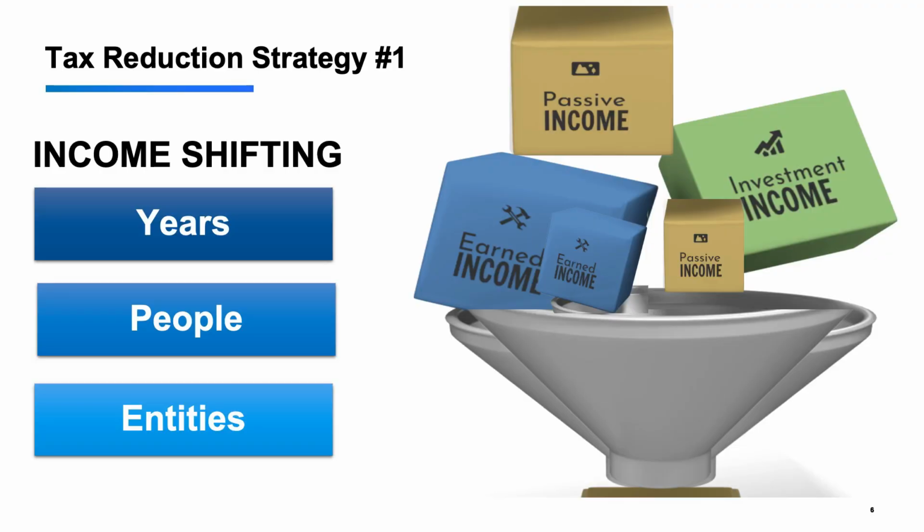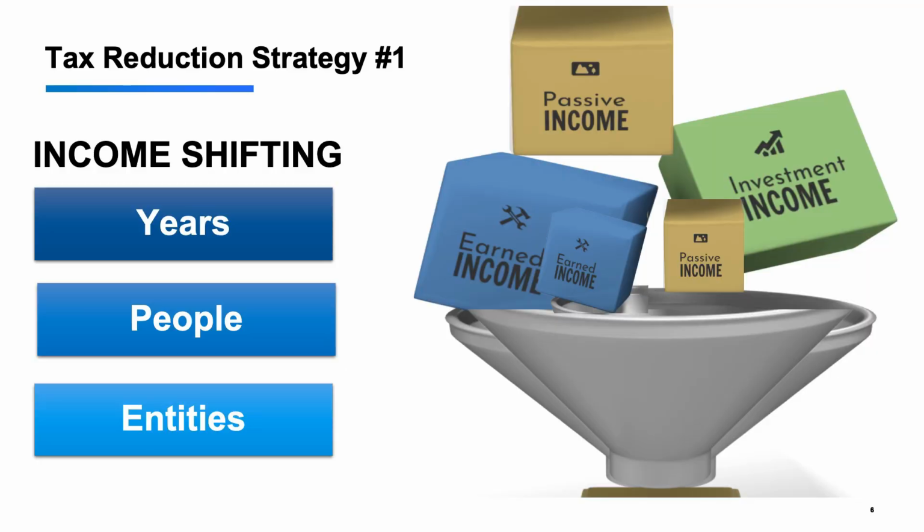Now there are many ways that you can accomplish what we call income shifting. That takes the income away so that it never enters the equation, at least not in this tax year. We can accomplish income shifting between years. You've probably heard of retirement plans. That's simply an income shifting technique where we're moving income from this year. This number ends up being less, which makes taxable income less, and therefore we're paying less tax. We kick it down the line into the future.